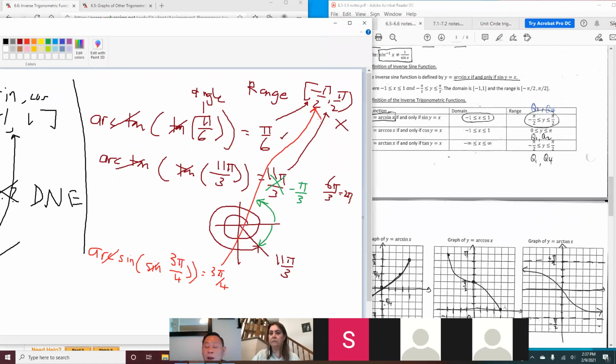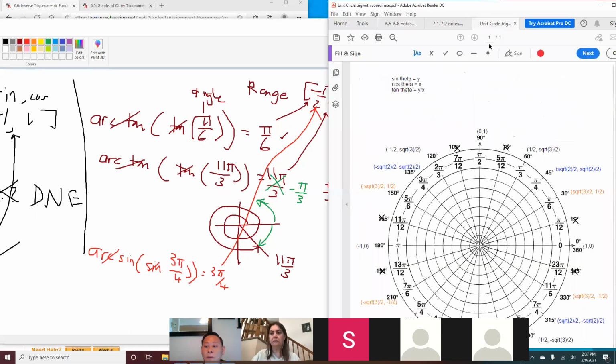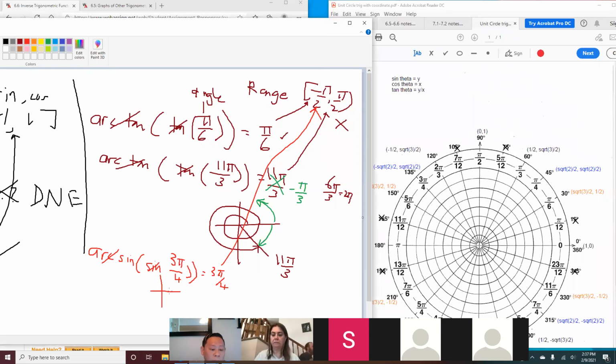Negative pi over 2 to pi over 2. So my question is, is 3 pi over 4 inside this range? No, because 3 pi over 4 is here. The range is from pi over 2 to negative pi over 2. So how can you fix this? This is 3 pi over 4.